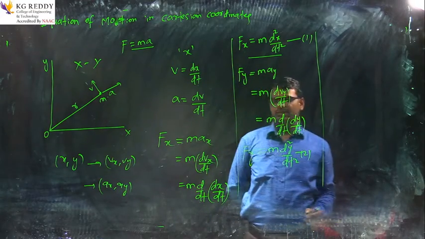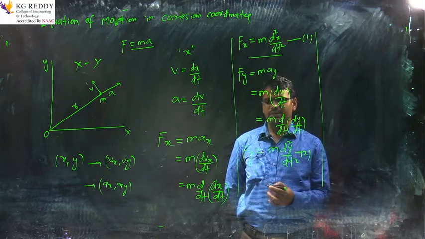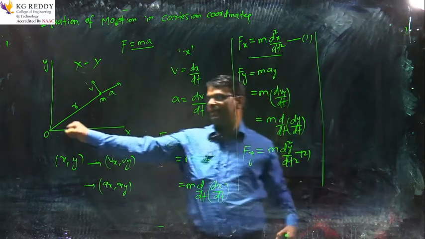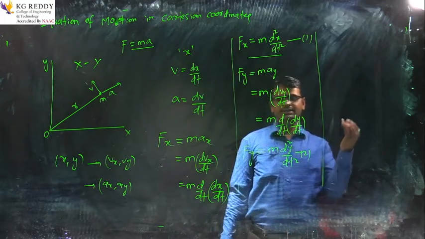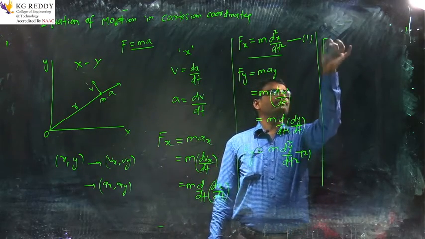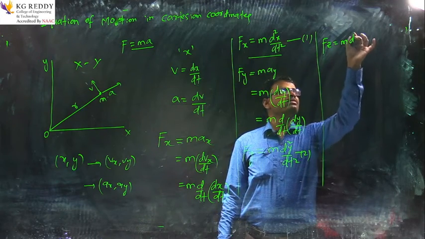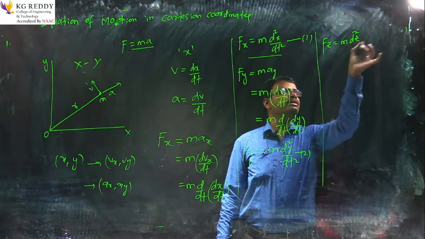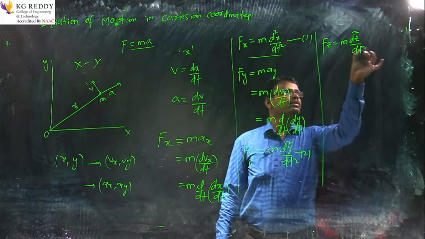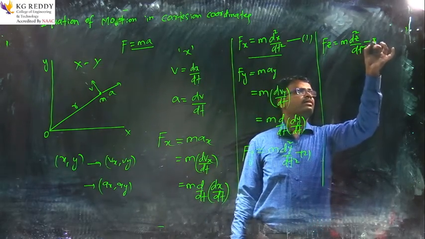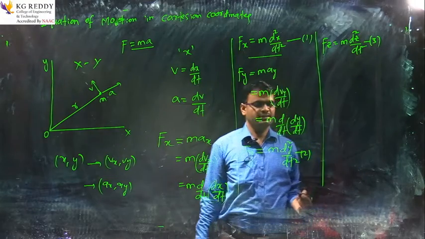Similarly, if you consider the z axis, along the z axis, Fz equal to m into d square z by dt square. This is, let us say, equation number 3.